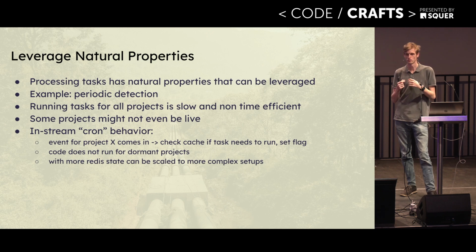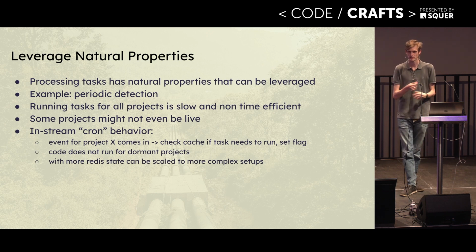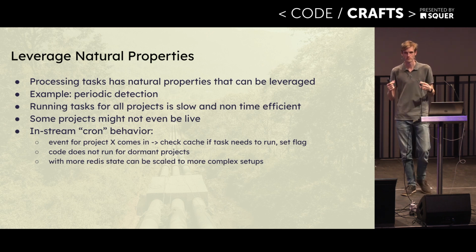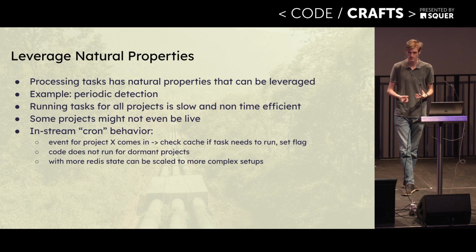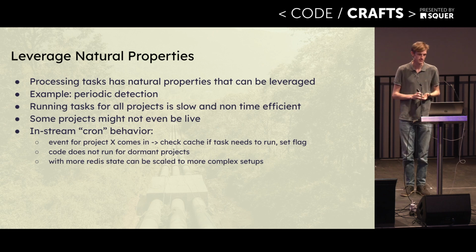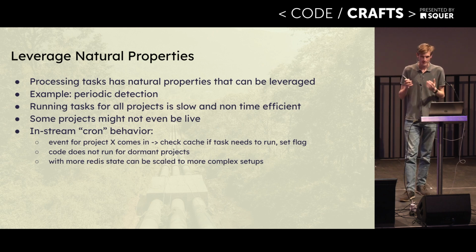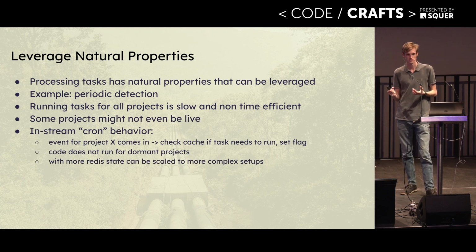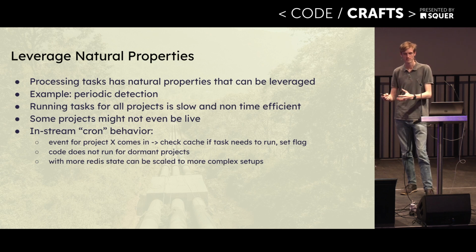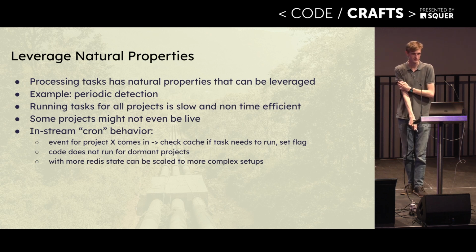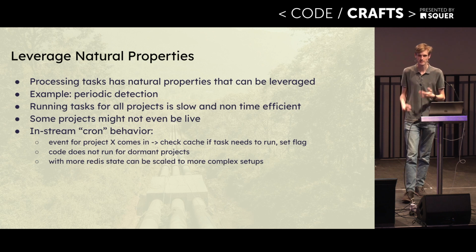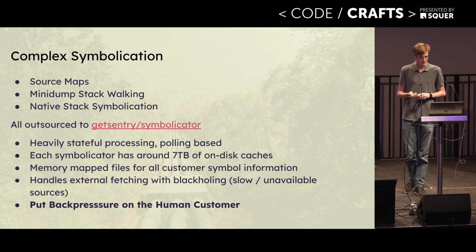We don't want to run this calculation for every single customer account. We only run it for customer accounts that fall into certain patterns, so as a byproduct of the queue doing stuff, we can recalculate things there. Again, it sounds really obvious, but it didn't come naturally to how we were building this in the first place. Reaching for the cron is so easy and so obvious, and then you're just unhappy with how it performs.